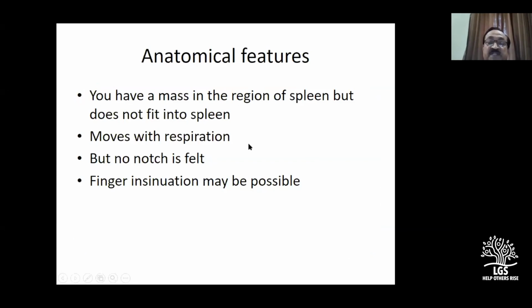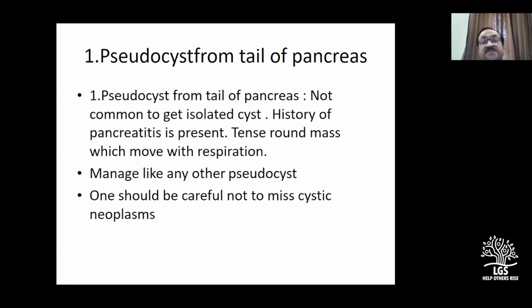Again, this moves with respiration because it is attached to the spleen. But no notch is felt, and finger insinuation may be possible because the spleen is not enlarged. So you think, this is definitely not spleen, probably tail of the pancreas.